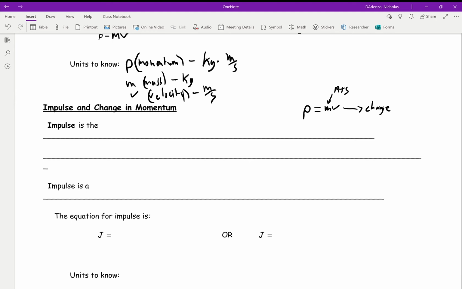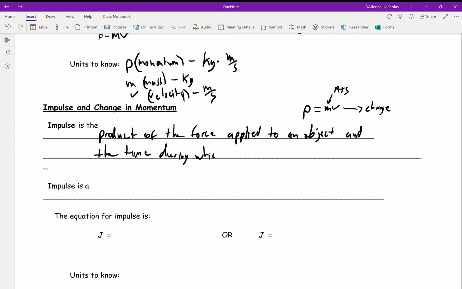An impulse is the product of the force applied to an object and the time, how much time we are actually applying the force.